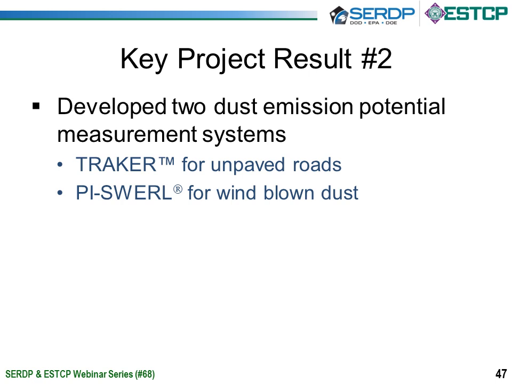And as Larry showed in his presentation, we in part developed the PI-SWERL as part of our project, and it's now been used internationally by many people to look at the emission strength of different surfaces and their potential to release material, PM10 specifically, during wind erosion events. Let's go to slide 48.